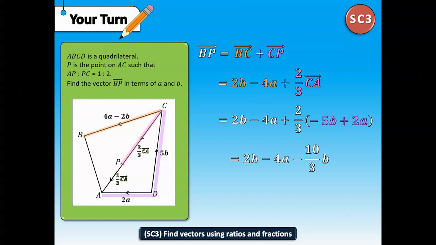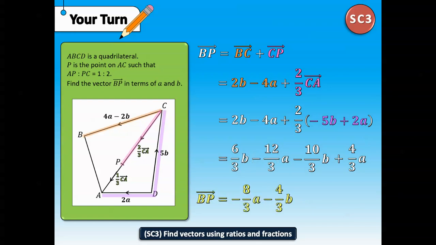Expand the brackets, and then we simplify. So B to P is minus 8/3 of A minus 4/3 of B.